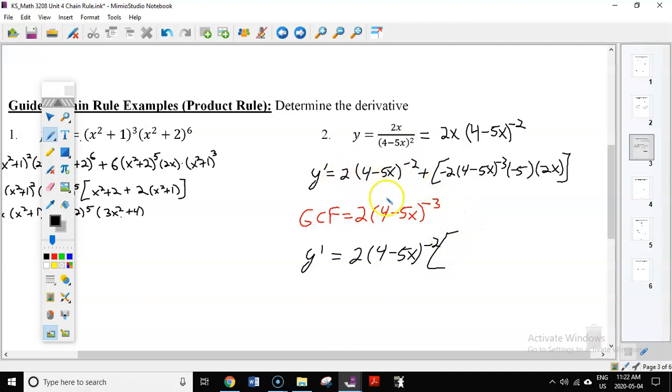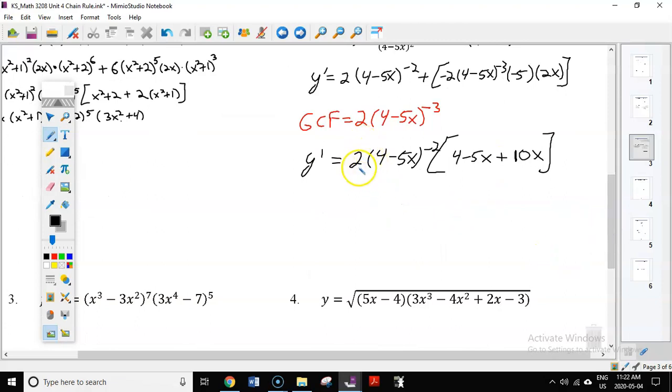So this term divided by the GCF would leave me with 4 minus 5x, because negative 2 subtract negative 3 would leave me with power 1. Then, again here we factored out a 2, but I still got a negative 5, and a 2x, so that's going to leave me with 10x, and I've already factored out this whole 4 minus 5x to the negative 3.